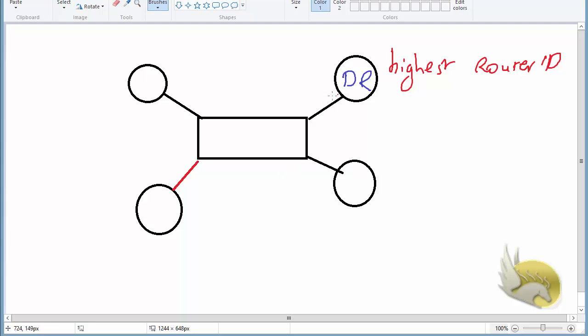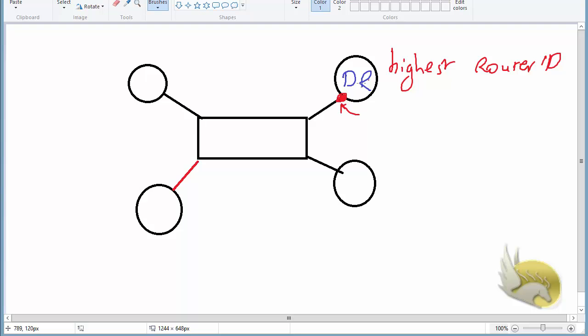So if you have a plan to make a specific router a designated router, you need to make sure that it has the highest router ID. But if you do not have this plan, just let those routers decide for themselves. So I have the highest router ID on this router, and this is going to be the designated router on this interface, and designated router is assigned to a specific interface.